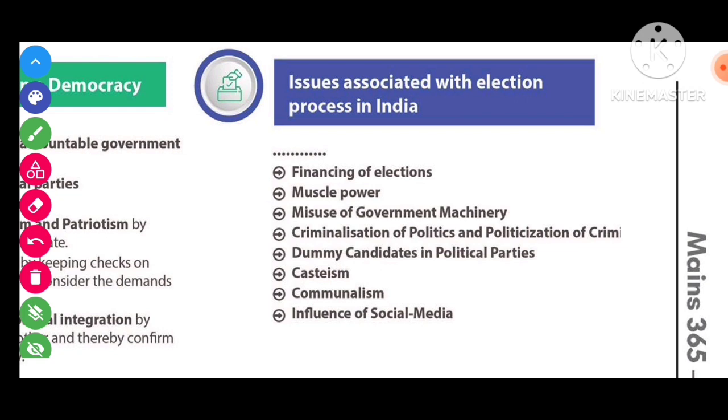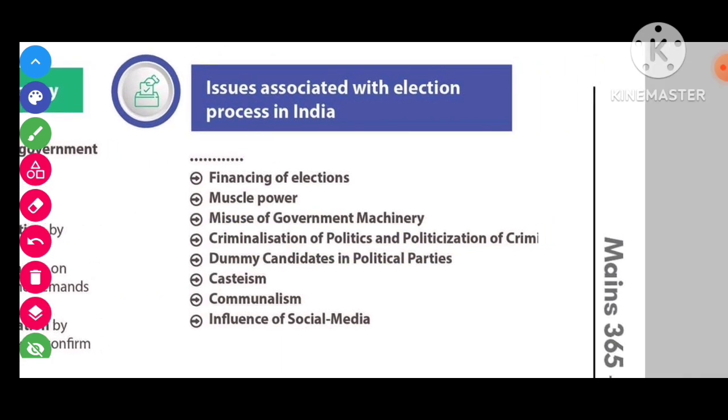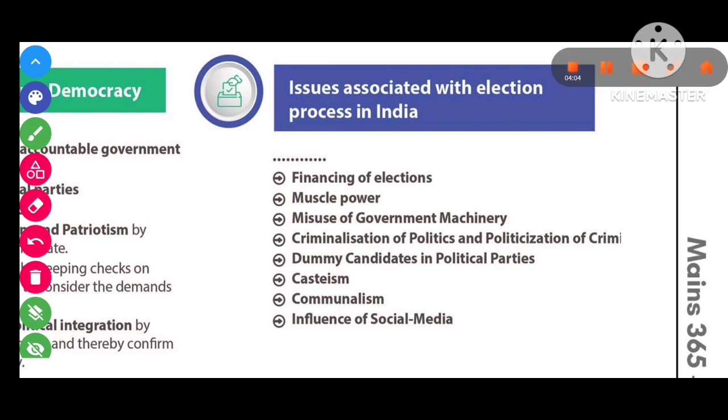Politicians have muscle power and they misuse their power during election time, along with misuse of government machinery, criminalization of politics and politicization of crime, because they have more power as well as money power, so they misuse their power and money during and after elections.